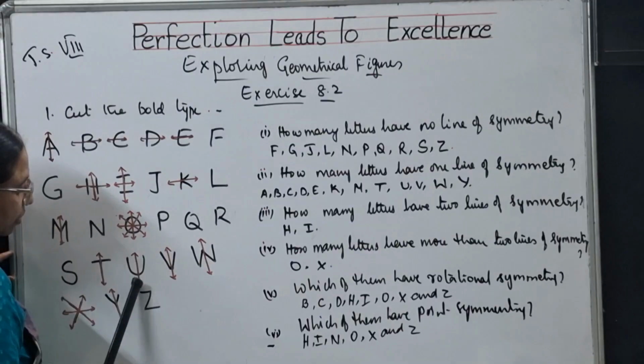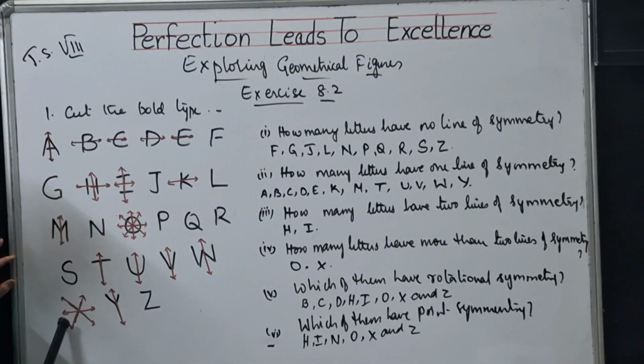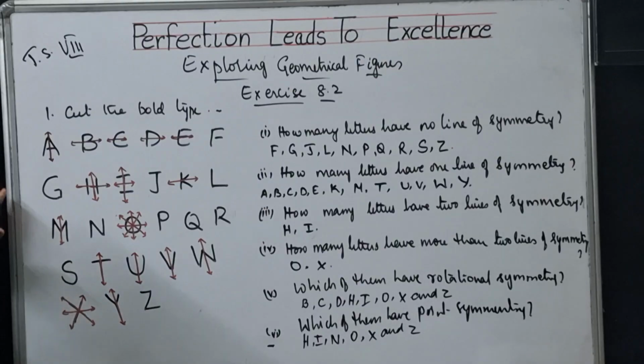T has got one, U has got one, V has one, W has one, and X has got one, two, three lines of symmetry. Y is having one, Z no lines of symmetry. So this is how first I have drawn the lines of symmetry.